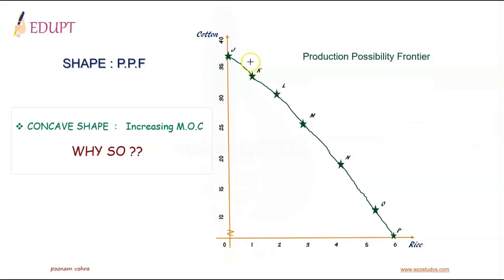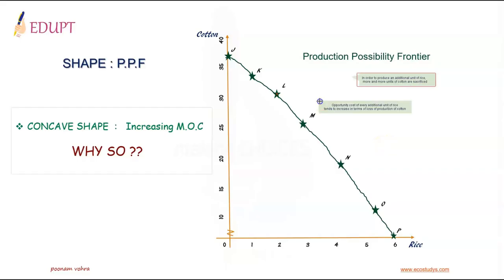Next feature is that production possibility frontier is a concave shaped curve. What does it mean? It is concave because in order to produce an additional unit of rice, more and more units of cotton are sacrificed.